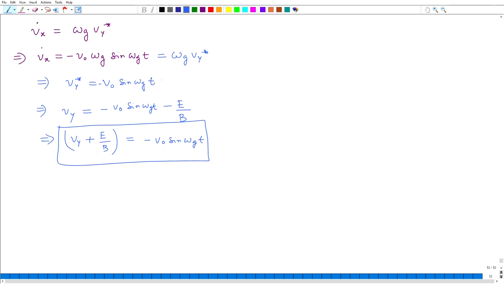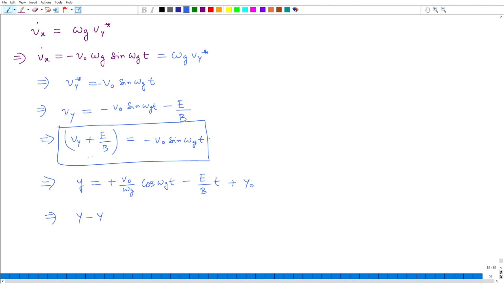you can from this equation also calculate y, and what will be that? So, y will be something very interesting. y will be equal to minus V0 by omega g, and sin will become cos with a minus sign, so it actually becomes plus cos omega g t minus E by B t plus y0.